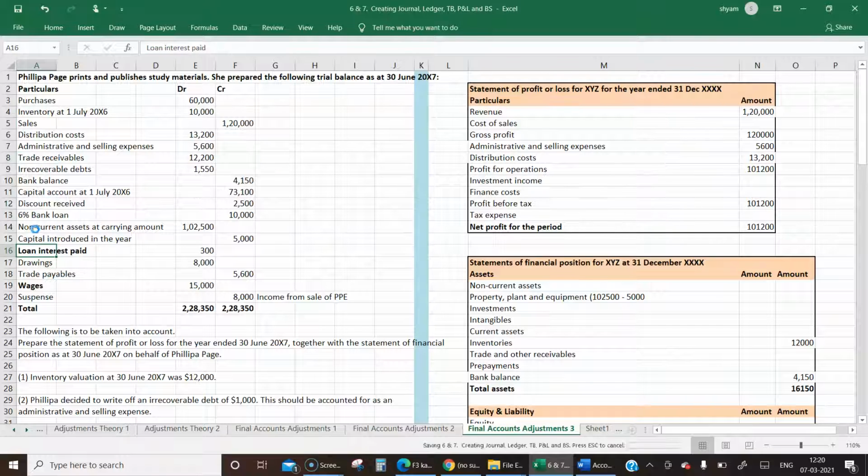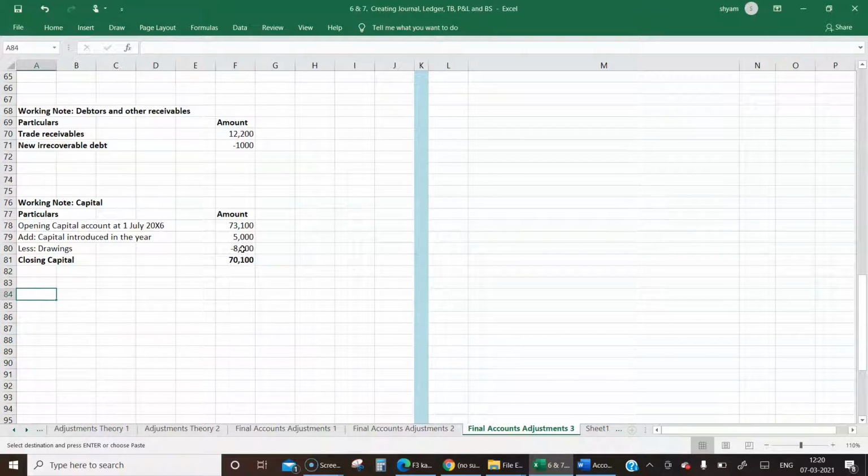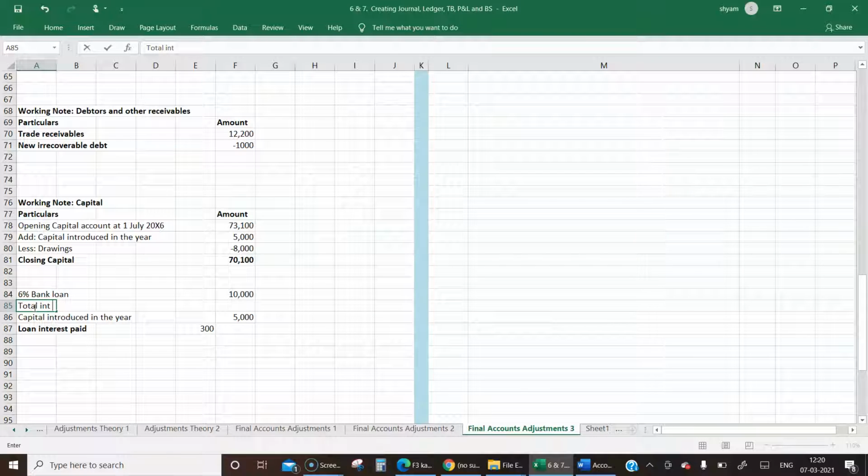So we got the loan interest. Loan interest paid is 300, and bank loan is a 6% loan, totally 10,000. So we'll work out a calculation here. If you take a 6% loan, total interest to be paid would be 6% of 10,000.